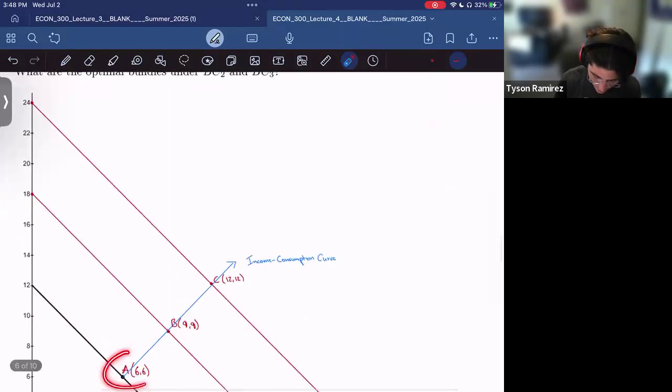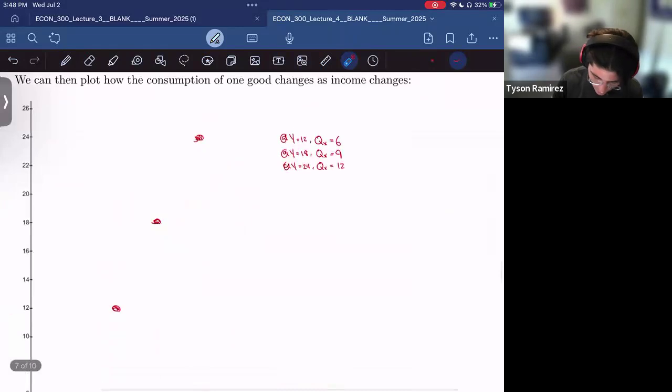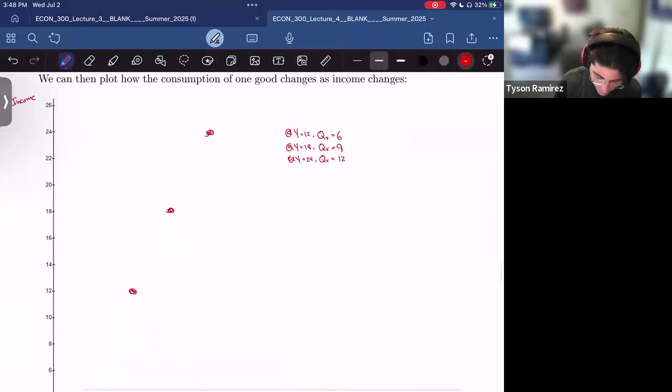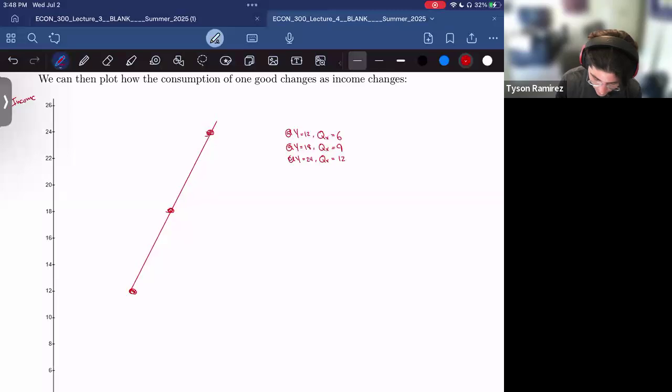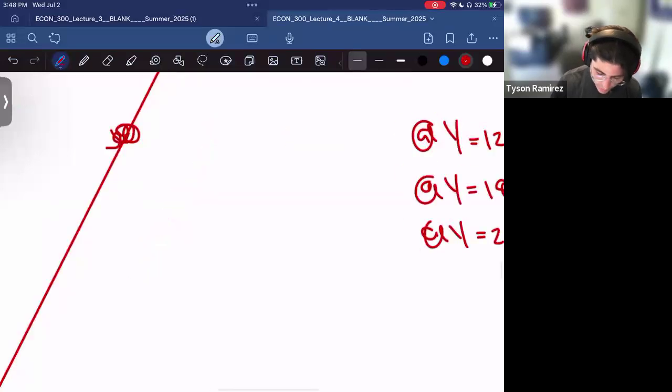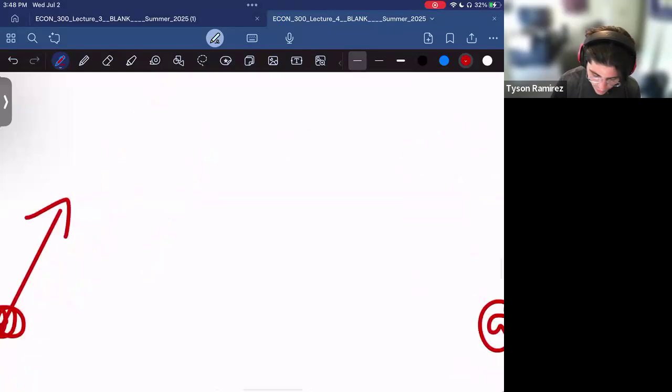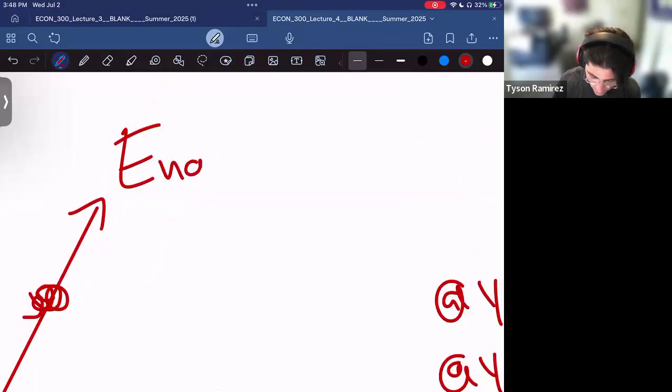And that's how I get these points. So what I have here, if I were to connect these 3 points, then this red line here, this is what is known as the Engel curve.